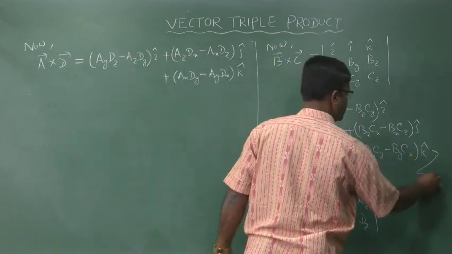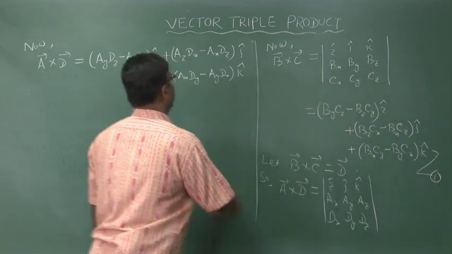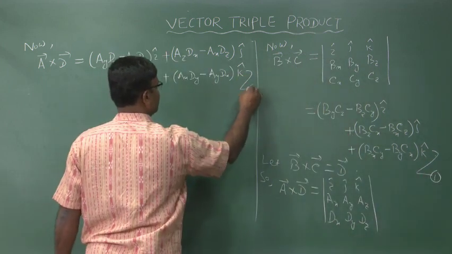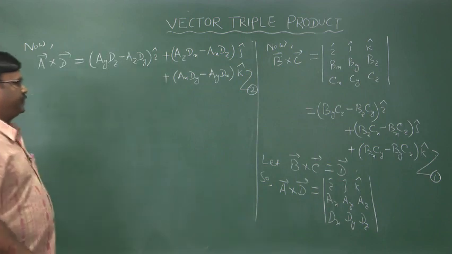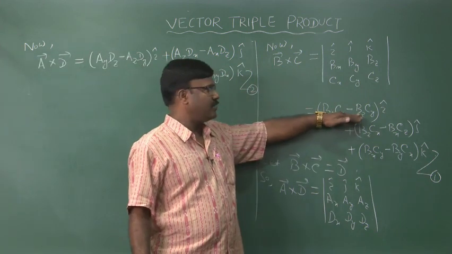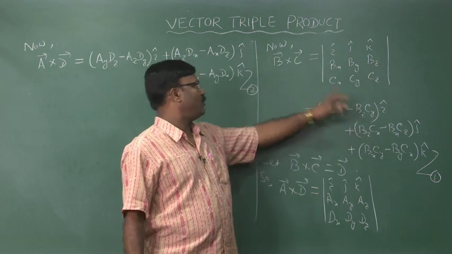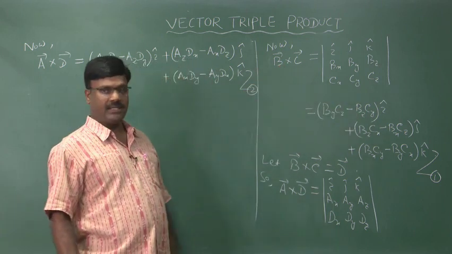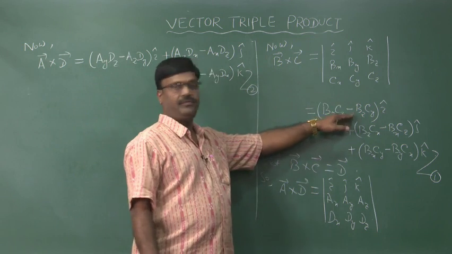Let this be written as equation 1 and here we write this as equation 2. But in this expression, this term represents the x component of B cross C, that is the x component of D vector.